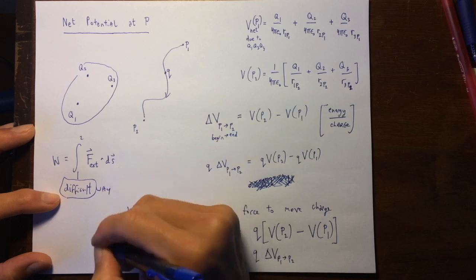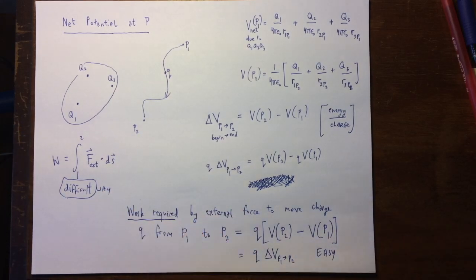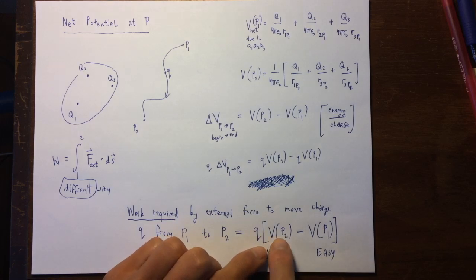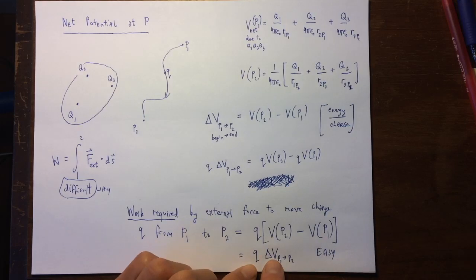This is a difficult way. This right here is easy because it's easy to calculate the potential at different places, and it's easy to calculate the difference in the potential between two places. And then once you have that, you just multiply by the charge that you're moving. Yeah, simple.